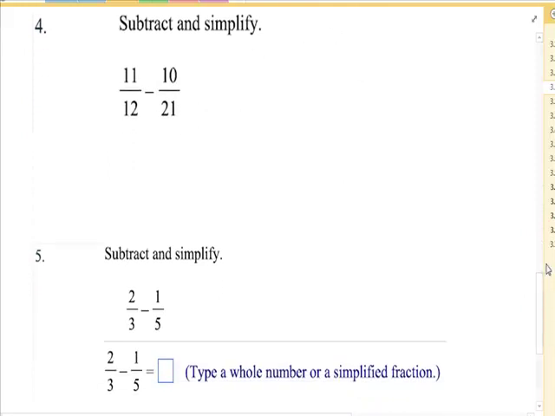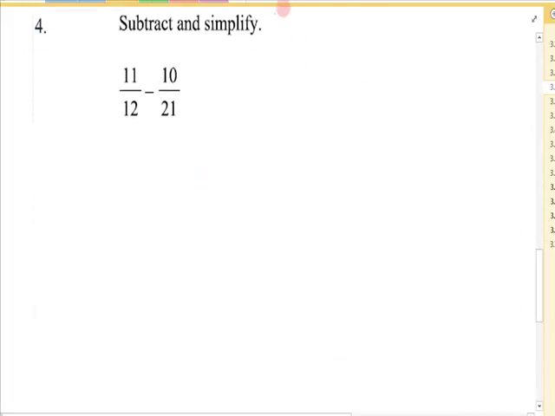Let's look at number 4. I need to get my common denominator for 12 and 21, and I think I'll use my prime factorization. 2 will work. 2 goes into 12 6 times, but it does not go into 21, so I'll bring it down. 2 still works. 2 goes into 6 3 times.